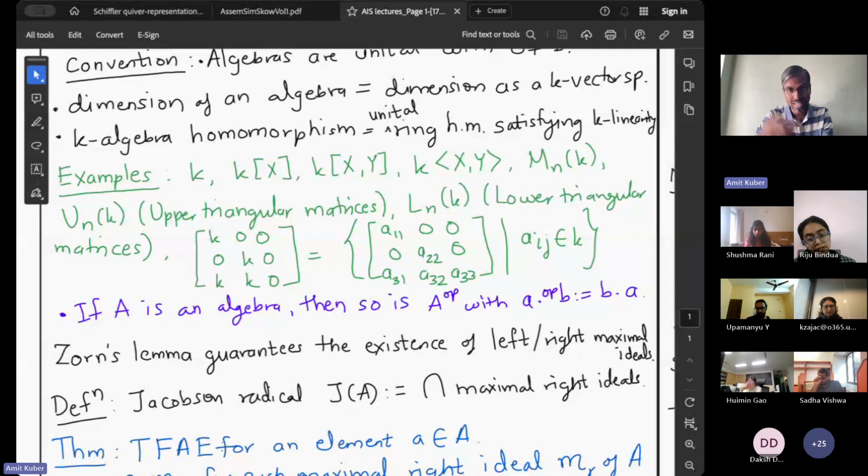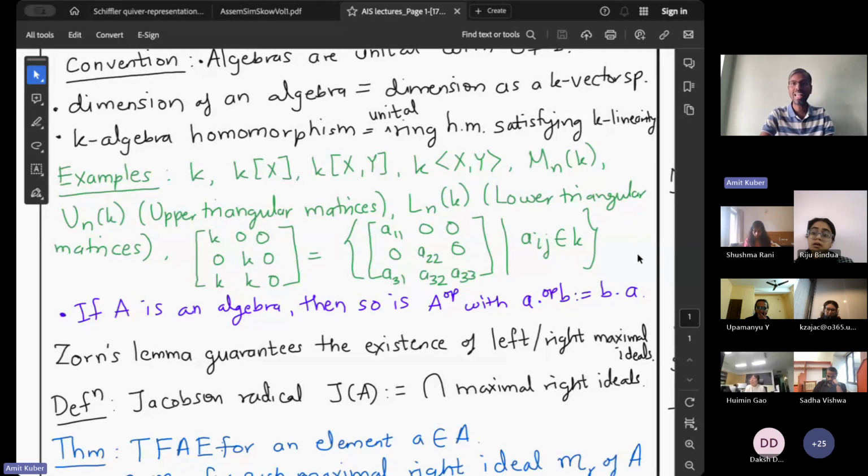And this is a standard result now that because our algebras are unital, Zorn's lemma guarantees the existence of maximal ideals, maximal left ideals, maximal right ideals. Without having unity, we may not have maximal ideals. So we are assuming existence of one other than zero for using this particular result. We need existence of maximal ideals.